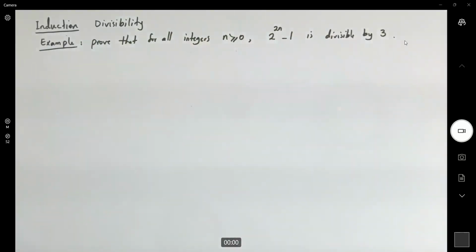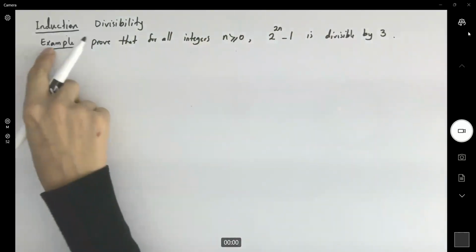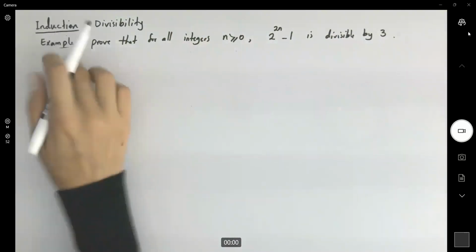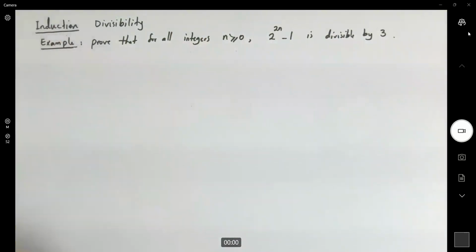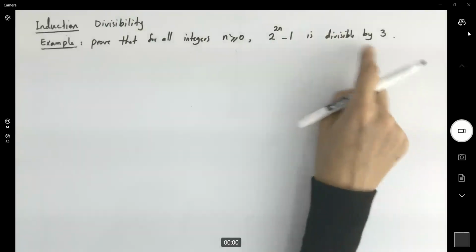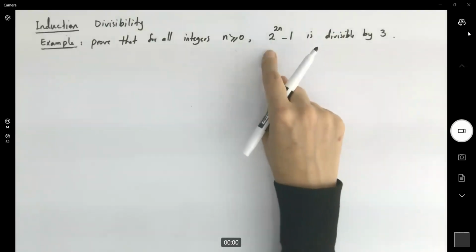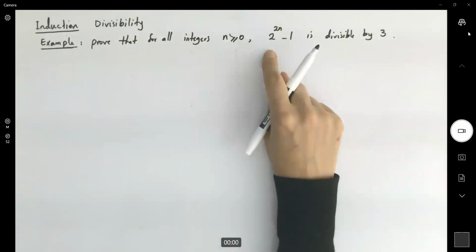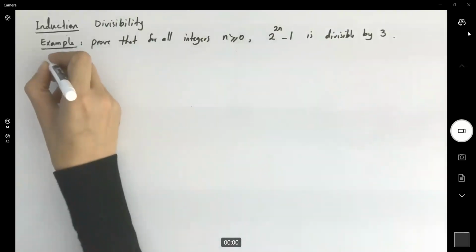Very good. So what do we have here? We're going to show that if n is larger than or equal to 0, then 3 divides this number.